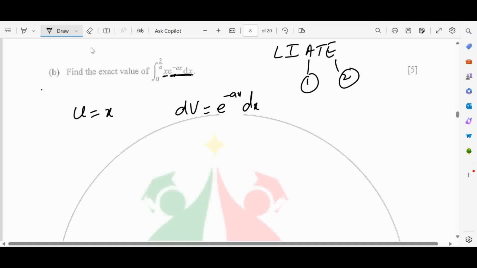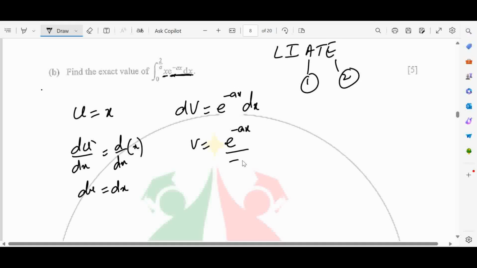Now if we take the derivative on both sides, du by dx equals d by dx of x, which equals 1. So du equals dx. And if we integrate, v equals e power minus ax divided by minus a.